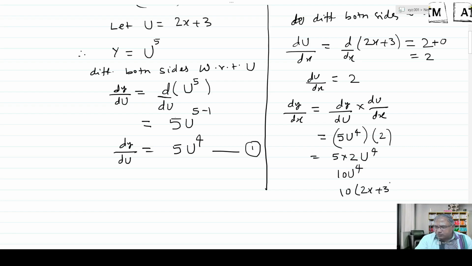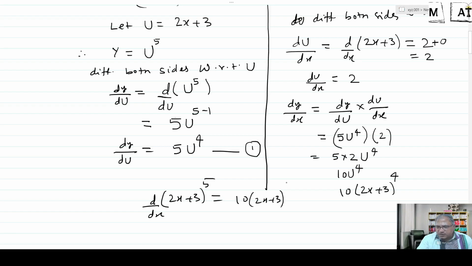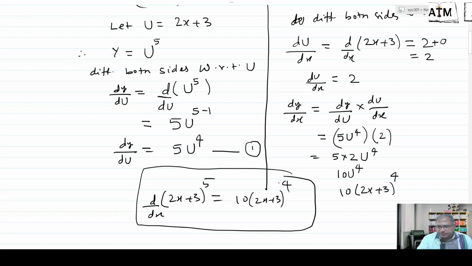So you write here (2x plus 3) raised to 4. Therefore, the differentiation of (2x plus 3) raised to 5 with respect to x is nothing but 10(2x plus 3) raised to 4. This is the ultimate result.